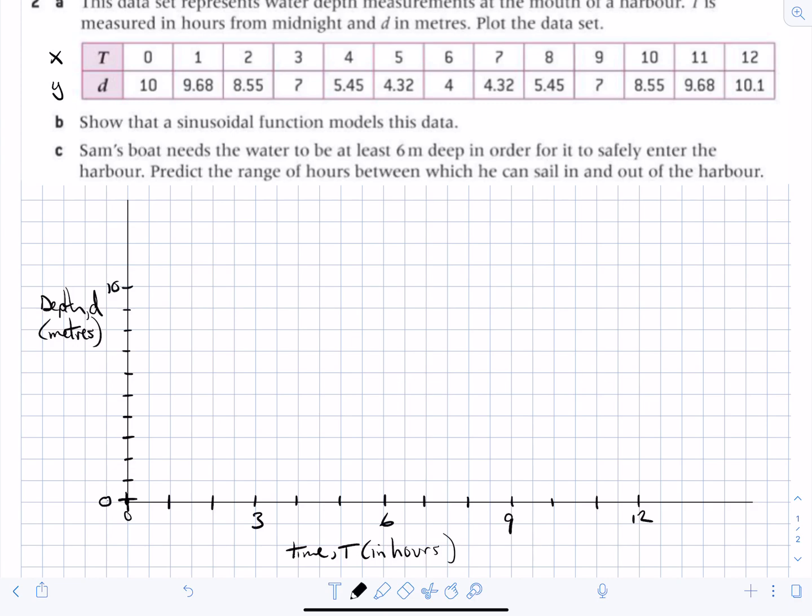By the way, I didn't mark this down. So 1, 2, 3, 4, 5, 6, 7, 8, 9, 10. So at 0, 10, right here, make the points nice and visible. And then 1, 9.68. And then 2, 8.55. And then 3 is 7. And then 4 is 5.45. 5 is 4.32.